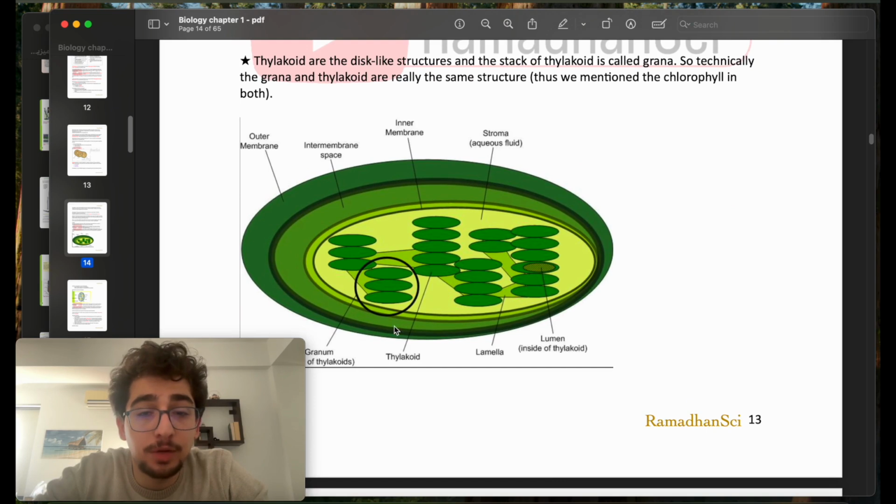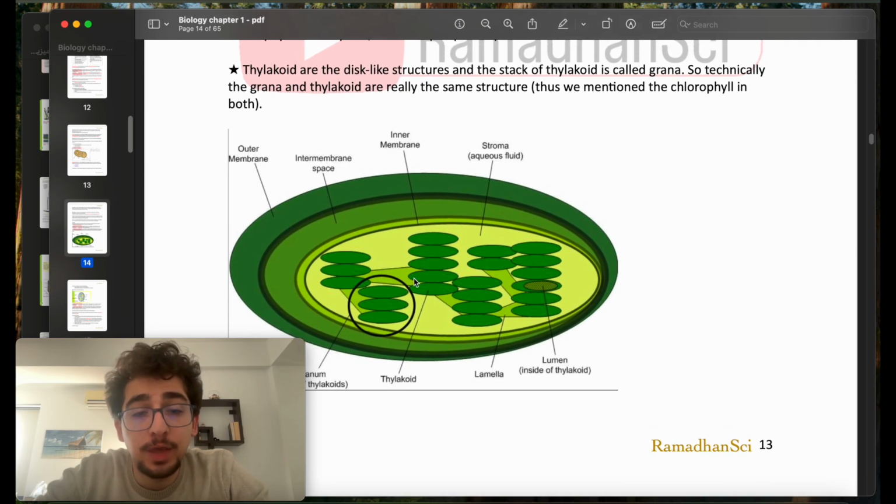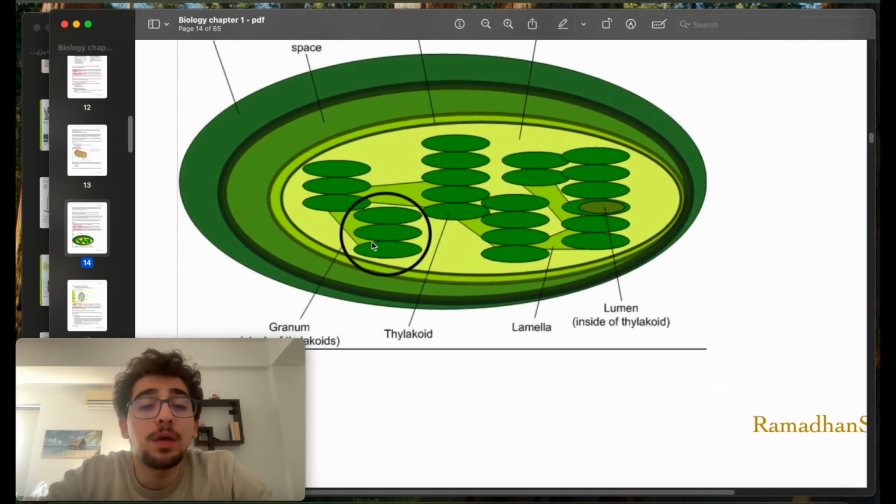This is the outer membrane, and this is the inner membrane, and we have the intermembrane space. In the inner membrane, we have something called the thylakoid. A single disc or a single oval that you can see here is called the thylakoid.